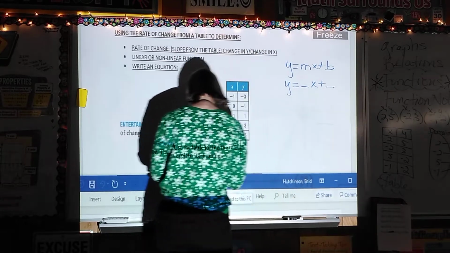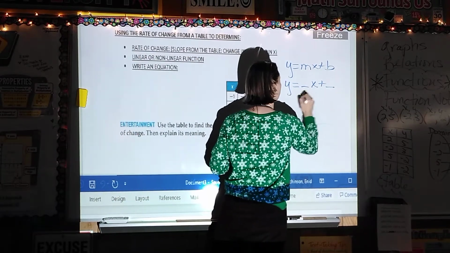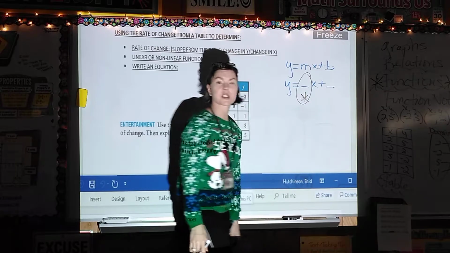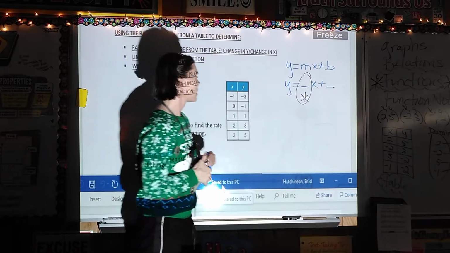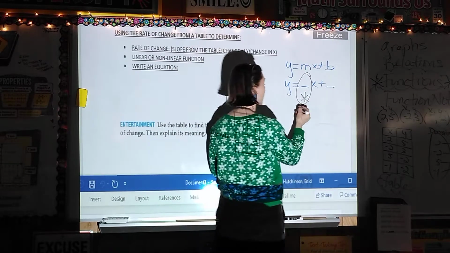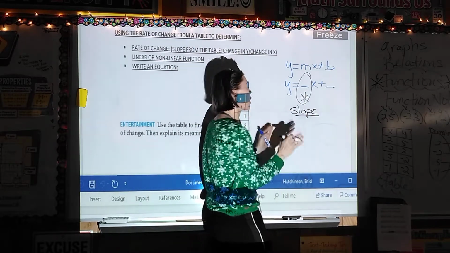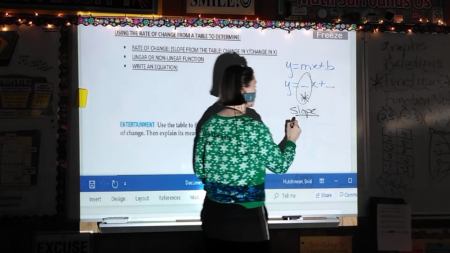And I want everyone to put the star underneath the slope and circle. Put the star, do it now, okay? Seriously, the slope, it's called the slope. But in today's lesson, it's also called the rate of change.